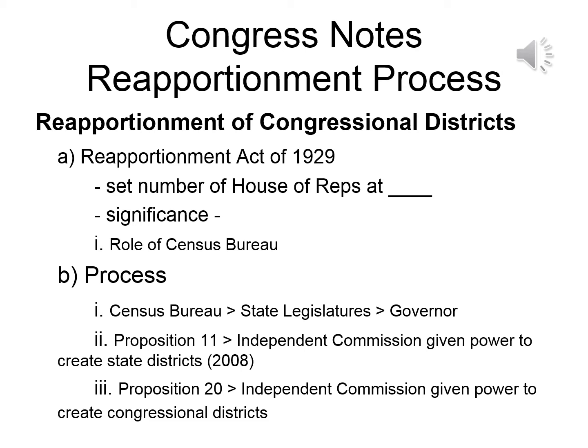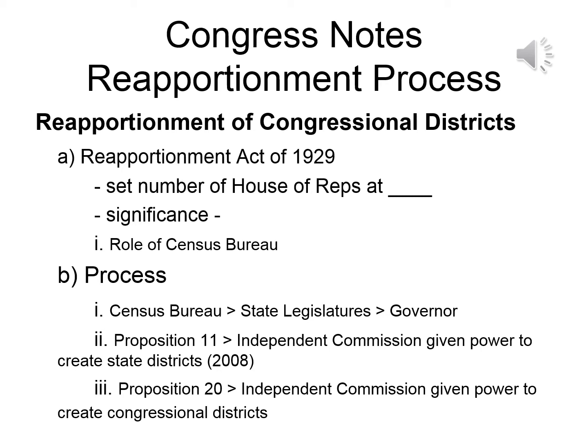Now, beginning in 2010, a new process was used in California, and they decided to create a process in which the state legislatures no longer are directly involved in drawing up district lines, because many people decided that we need to take that power away from the state legislatures so they no longer can gerrymander the districts.